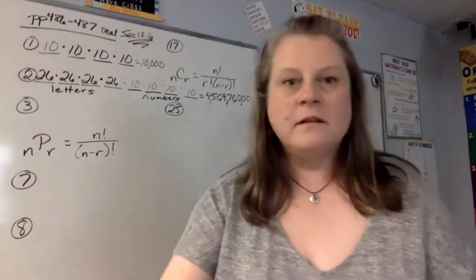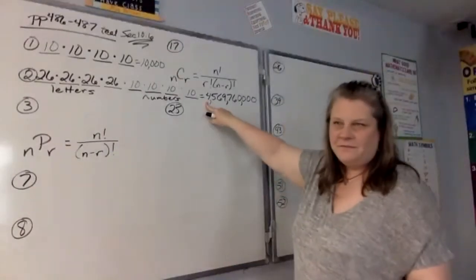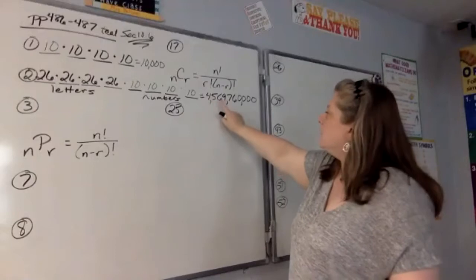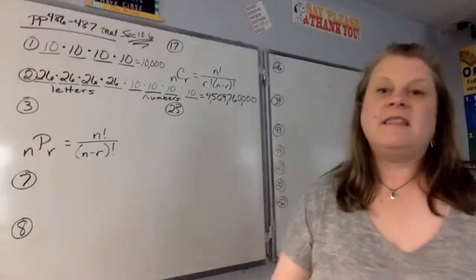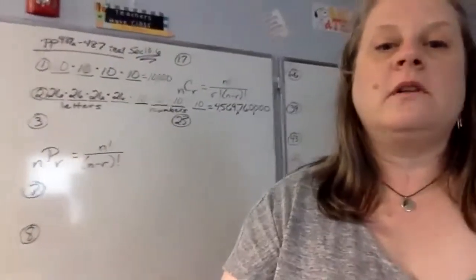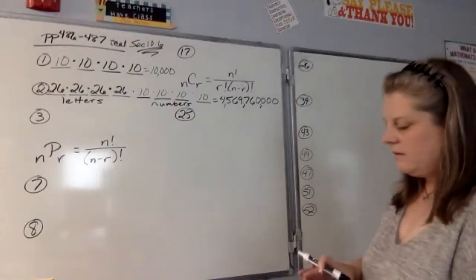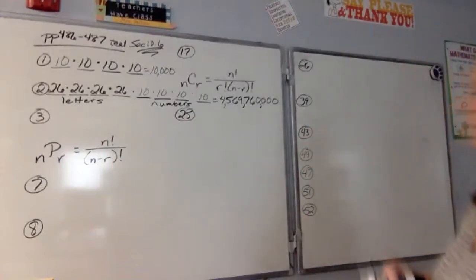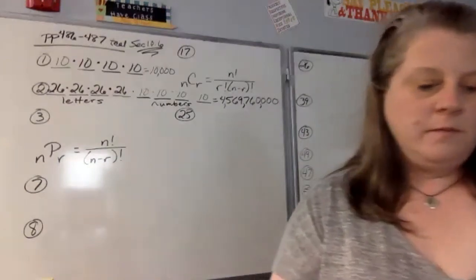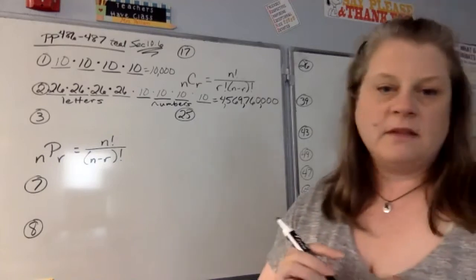There is 4,569,760,000 possible combinations for that safe if they allow letters and numbers to be repeated. Okay, so as you can see, you can have a lot of answers on these.